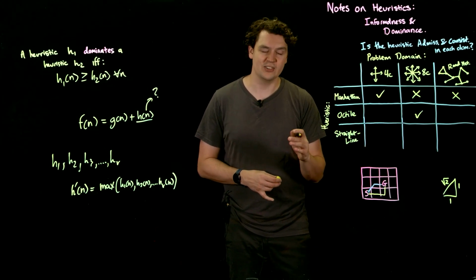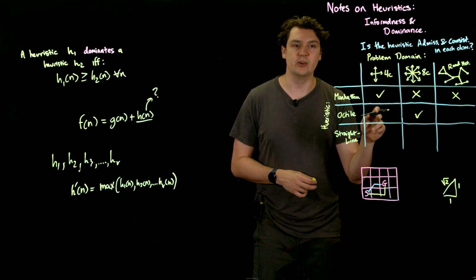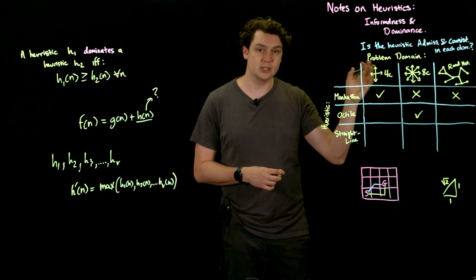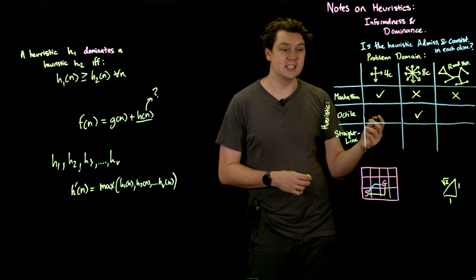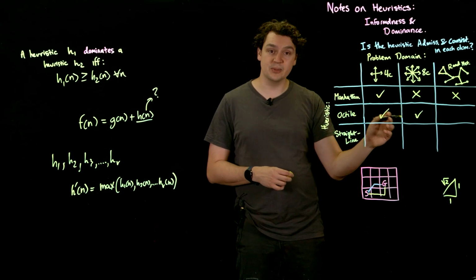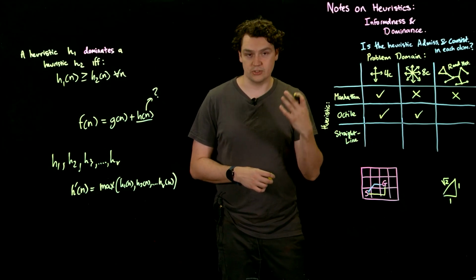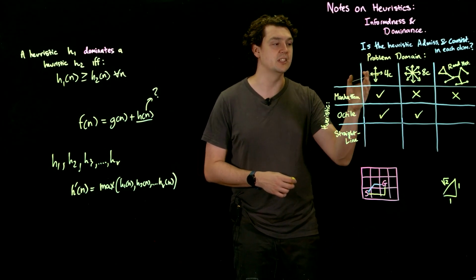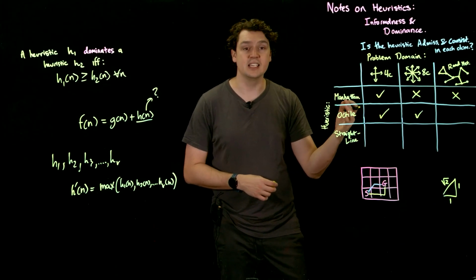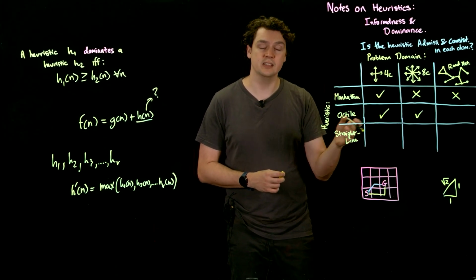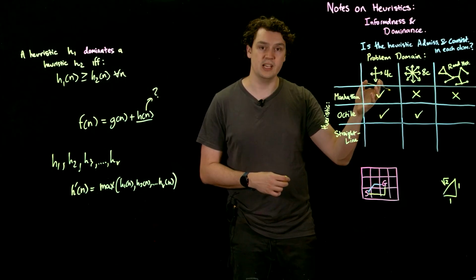Interestingly enough, remember, all of this comes from the definition of admissibility and consistency. That means that the octile distance heuristic is admissible and consistent. It is strictly less informed in a 4-connected grid map than the Manhattan distance. The Manhattan distance will dominate the octile distance in this domain.